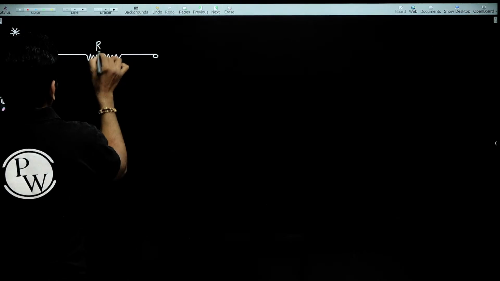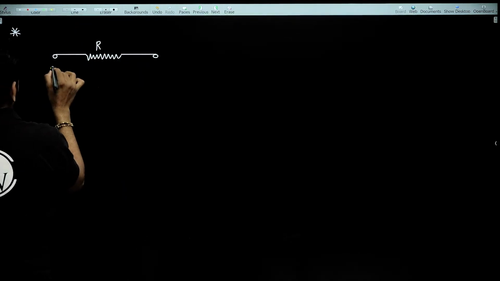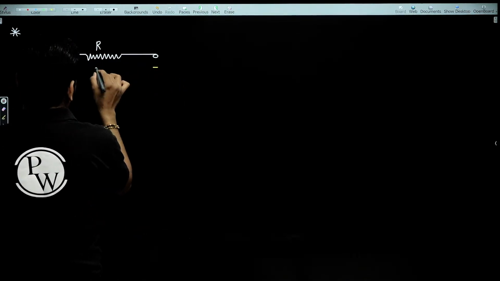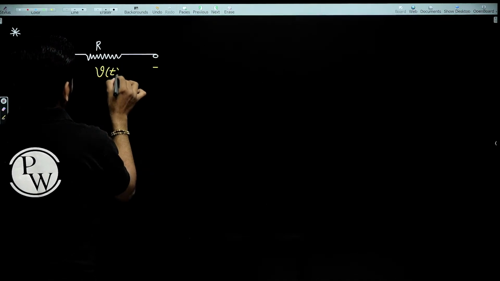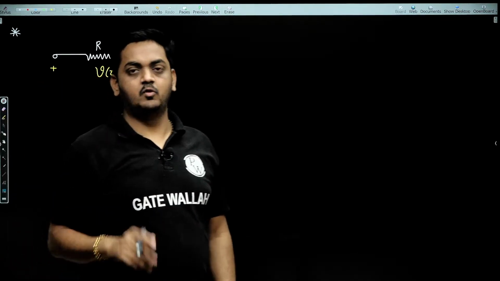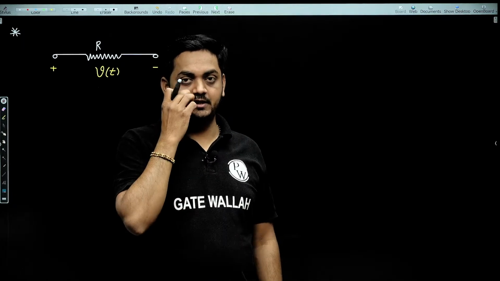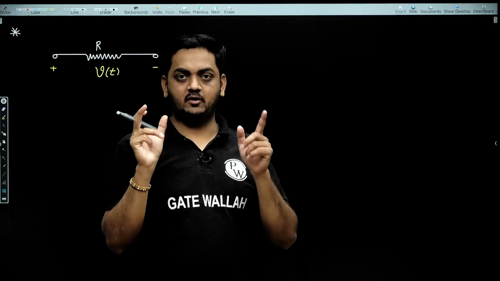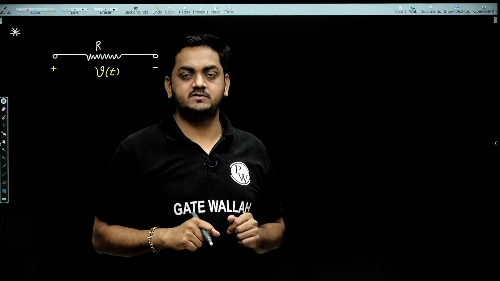Let the variable voltage across the resistor be V of t, a voltage signal varying with respect to time.